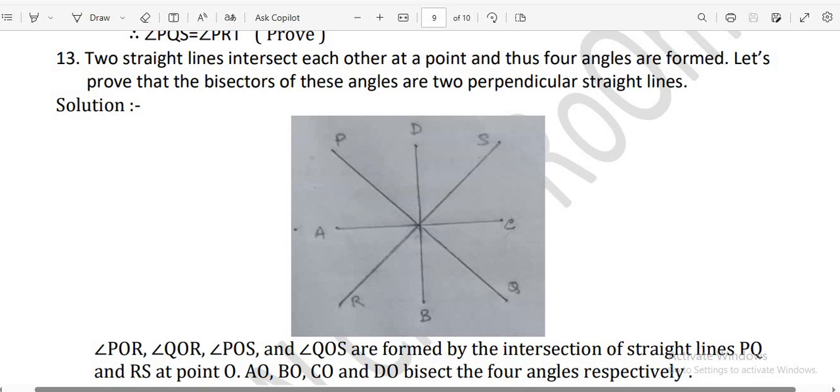Solution. Let us first draw a diagram for the above question.